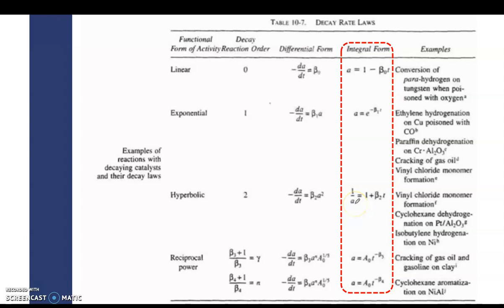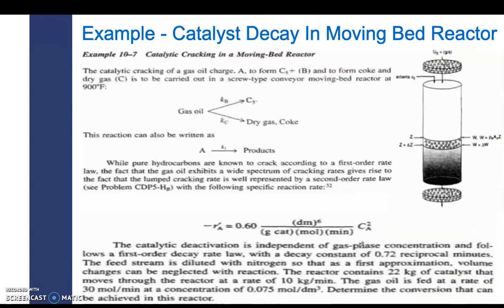If you rearrange it back, A equals 1 over 1 plus beta square t, the one that you use. So beta is actually your Kd. So you don't have to derive, just refer to this column.